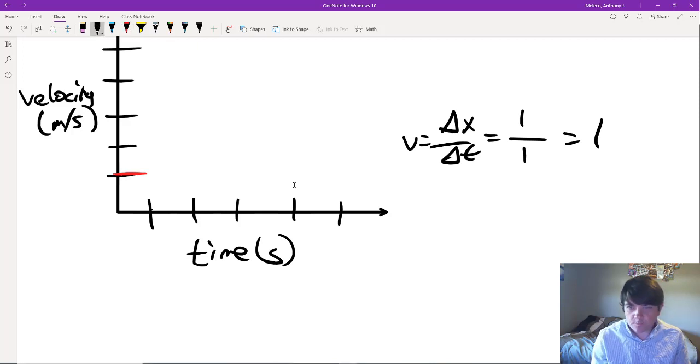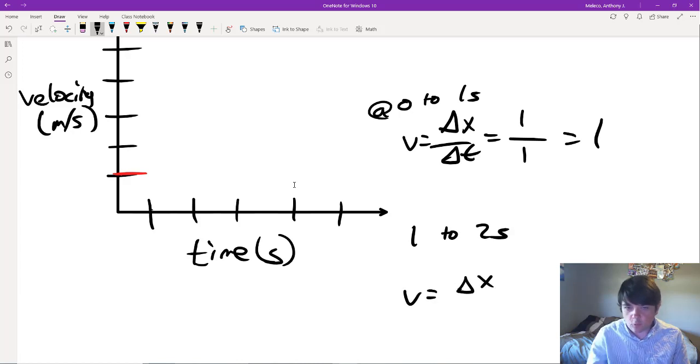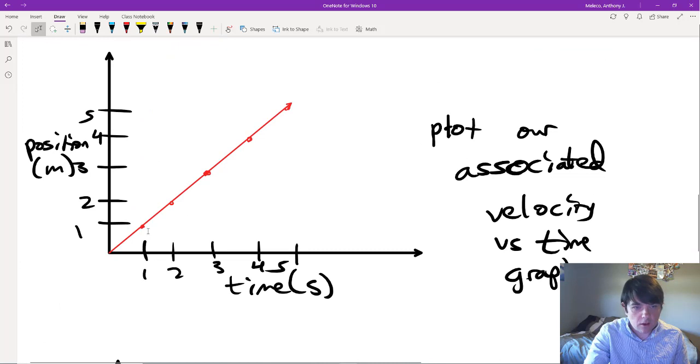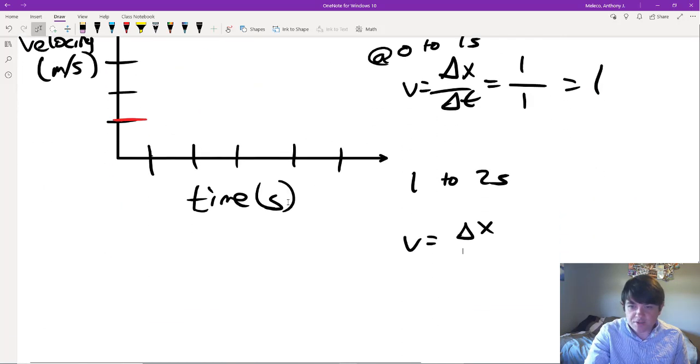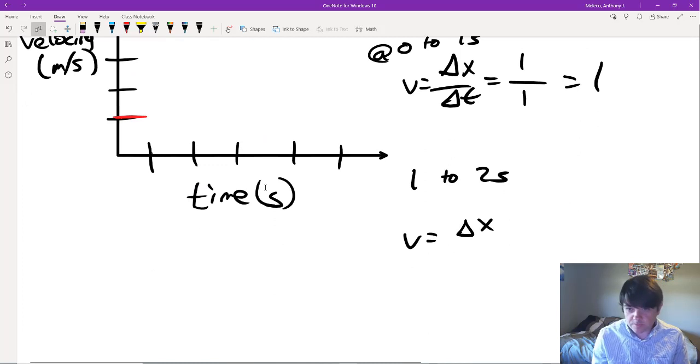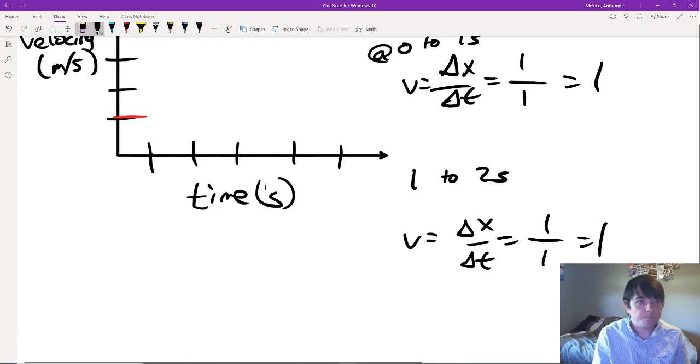We can do it again for velocity. So this is at 0 to 1 second. So this is going to be 1 to 2 seconds for the next one. We go up another 1, and then over another 1. So our rise over run, which is our change in position over change in time, will be another 1 over 1, which is 1.